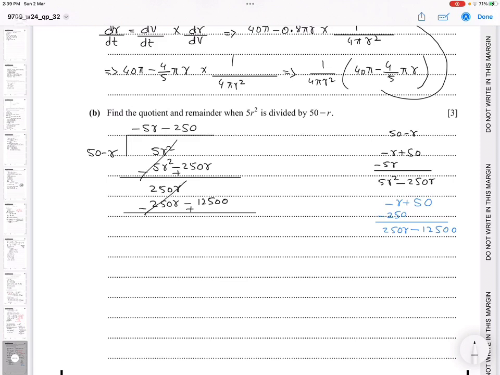Minus plus cancel, so your remainder is this. Now you can write quotient minus 5r minus 250 and remainder 12,500.